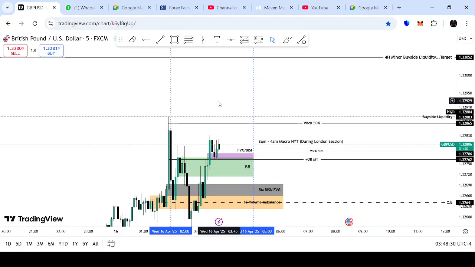Where is the liquidity? We have the liquidity resting above there.